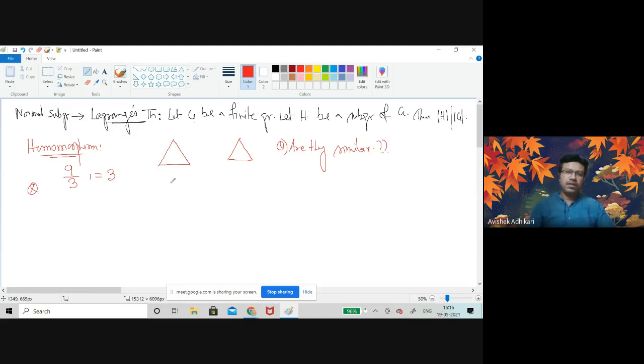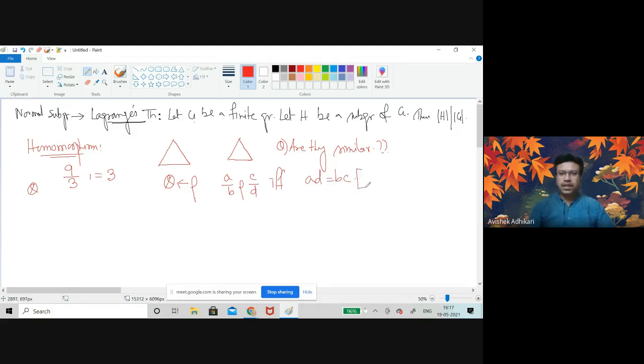For example, again in Q, we can define an equivalence relation: a by b is related to c by d if and only if ad equals bc.